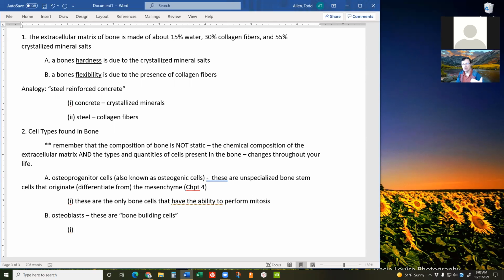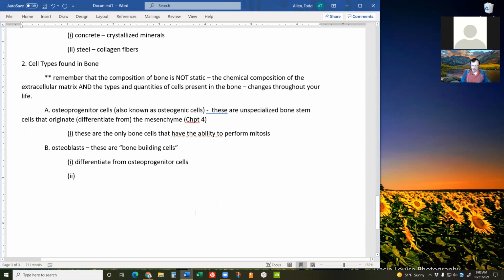There's a relatedness between these cells, okay? Osteoblasts differentiate from osteoprogenitor cells. Osteoblasts manufacture and secrete collagen and other materials necessary to build the extracellular matrix.